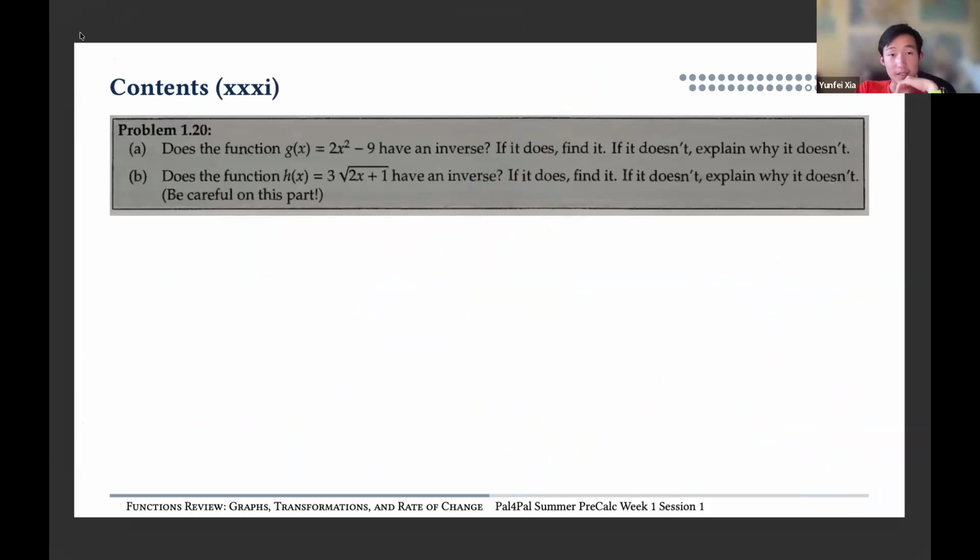I'm gonna leave this problem to you guys now. So these two problems are in regard of the criterion for a function to have an inverse.